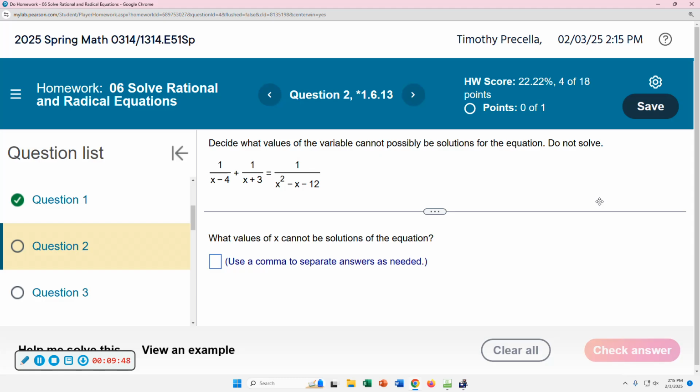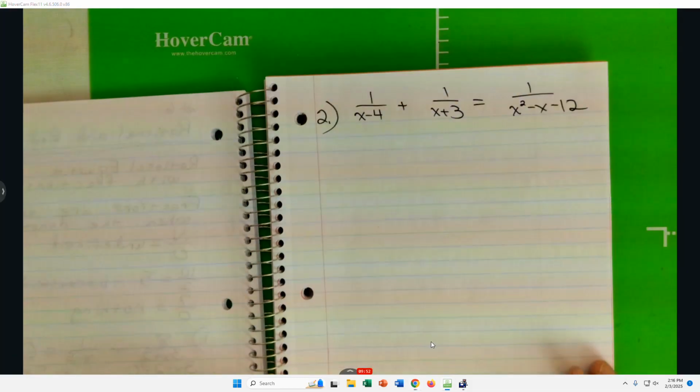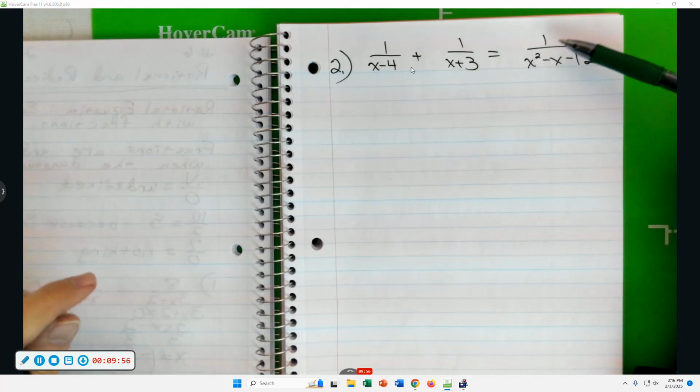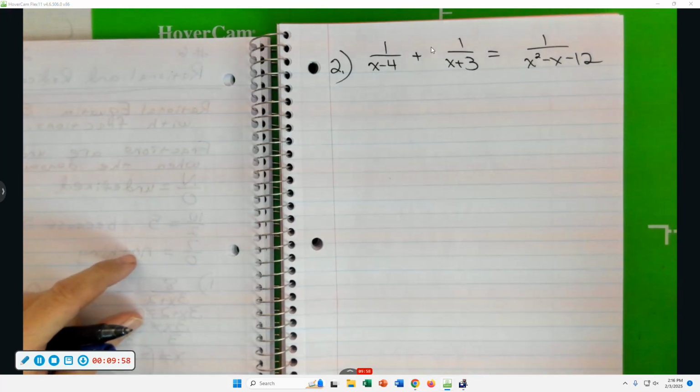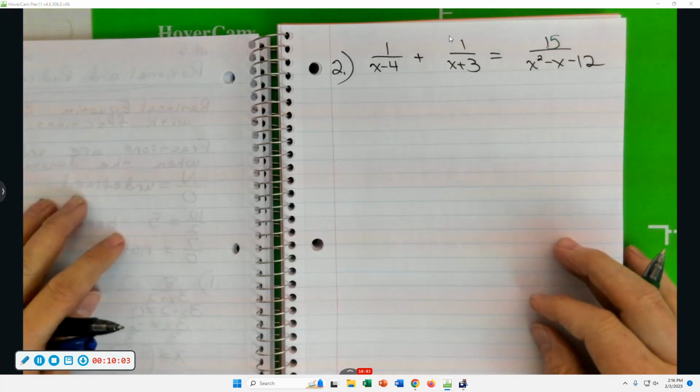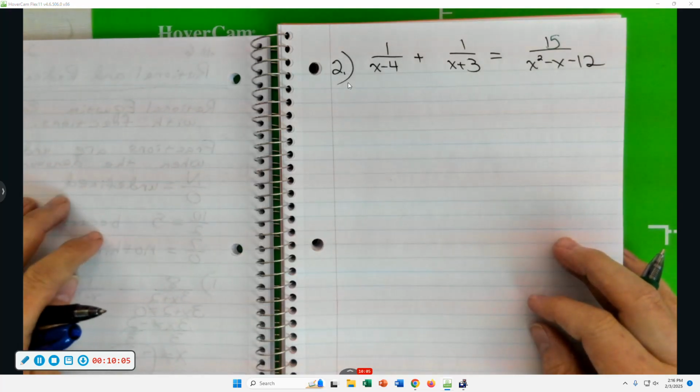The only thing that matters are the denominators. When you're trying to figure out which numbers cannot be solutions, the numerators don't matter. A numerator can be anything. I could change this problem to say 15 there instead of just 1. It wouldn't change the final answer.